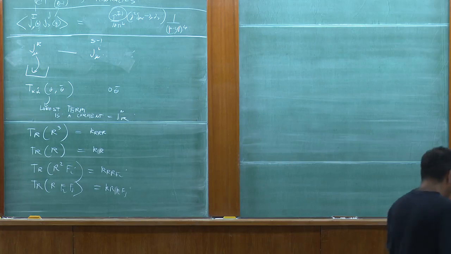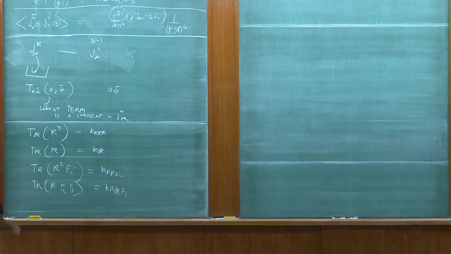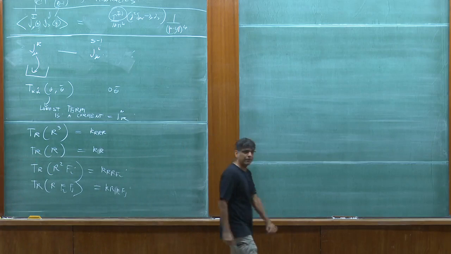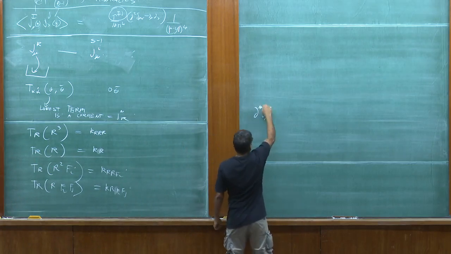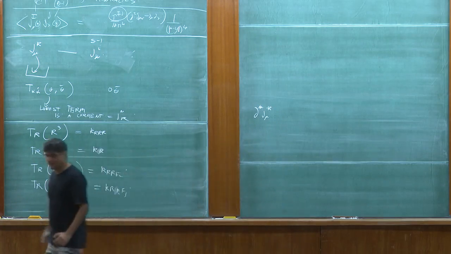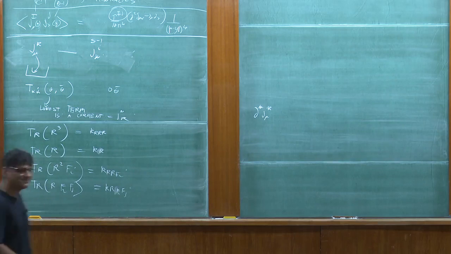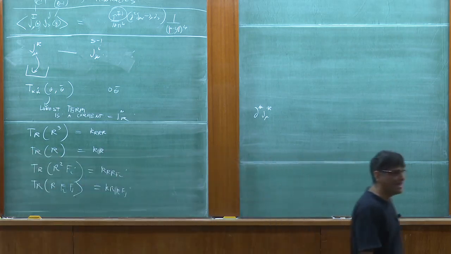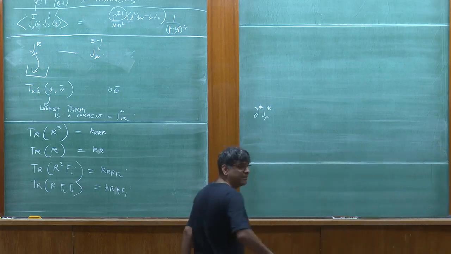So the question I'm going to ask first in components: suppose I have J mu R, and I compute del mu. The fact that there are these anomalies, what does it tell us about this del mu J mu here?